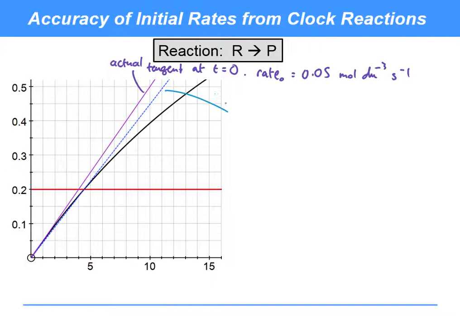So this here is the initial rate approximation if the critical concentration of the product is 0.2 moles per decimeter cubed. And it turns out that that is 0.044 moles per decimeter cubed per second. So there's around about an 11% error.